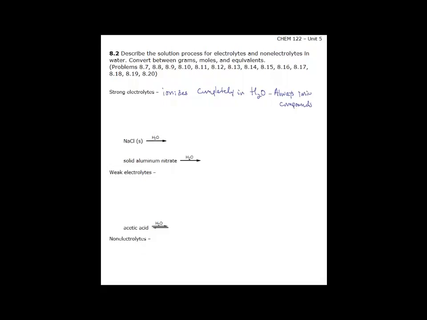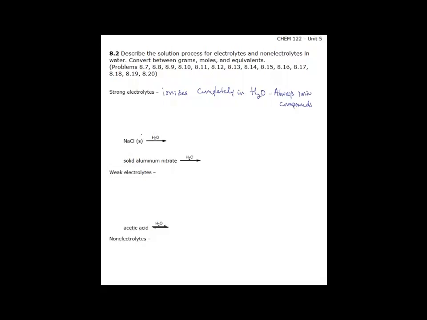When you put an ionic compound in water, it's going to break up into its component charges. For instance, sodium chloride. If you buy sodium chloride from the store, how do you buy it? It comes in a cardboard container, solid, right? When you put it in water, it dissolves.